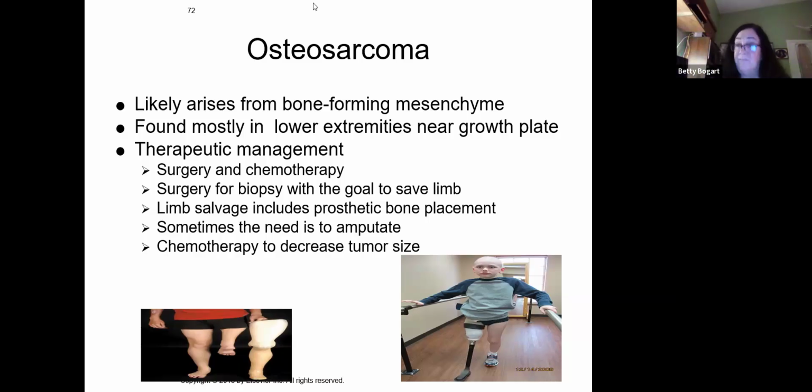Most of the time this is a femur, so you've got to take the upper leg off, period. The goal of surgery for osteosarcoma is to take the lower leg, turn it around, and reattach it so that there's a place for a prosthesis. The goal is to salvage the limb.